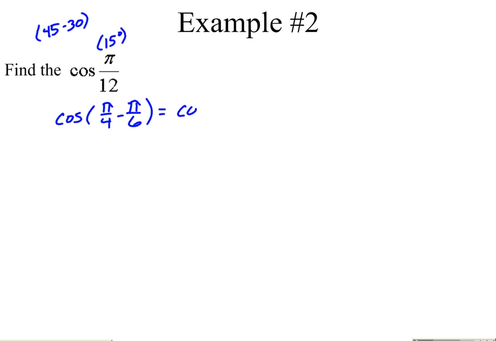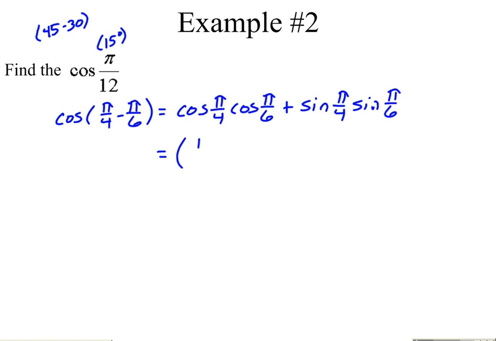Apply your difference identity, cosine A, cosine B, plus sine A, sine B. Cosine of pi over 4, reference triangles I'm not going to draw again. Those were on the first sheet if you need to refer back to them. Cosine of pi over 4 is 1 over root 2. Cosine of pi over 6 is root 3 over 2.